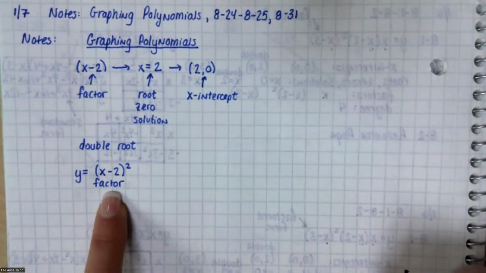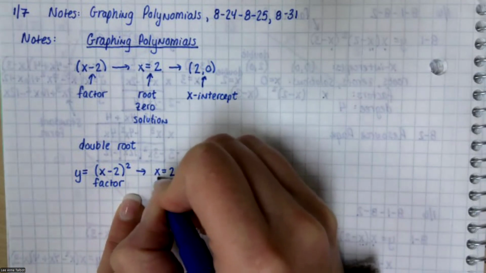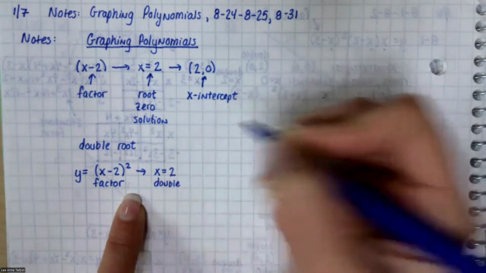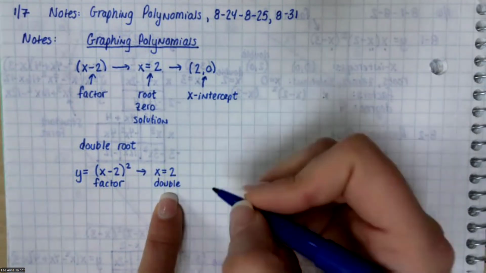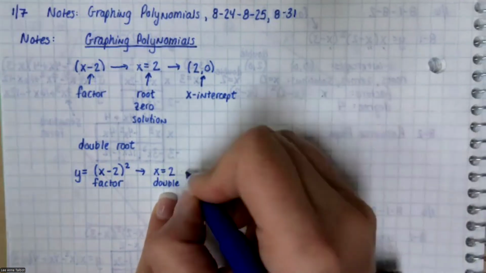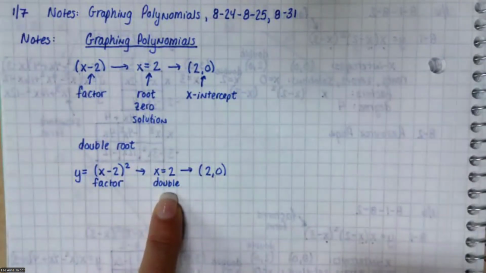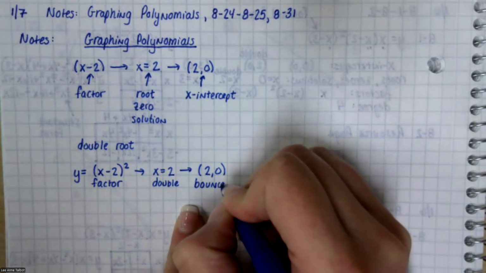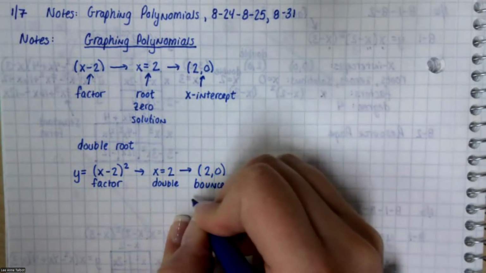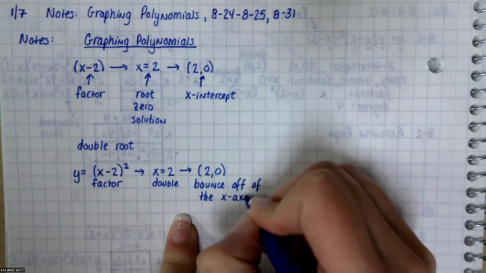And that is the factor. X equals 2 double is the root. And 2, 0 is the x-intercept, and it does a bounce off of the x-axis.